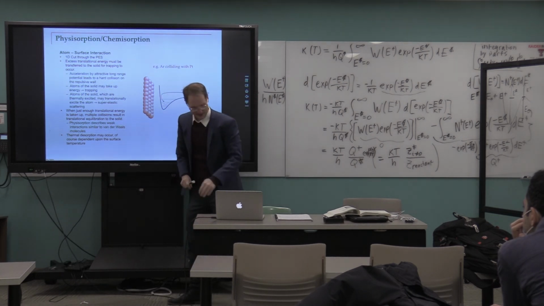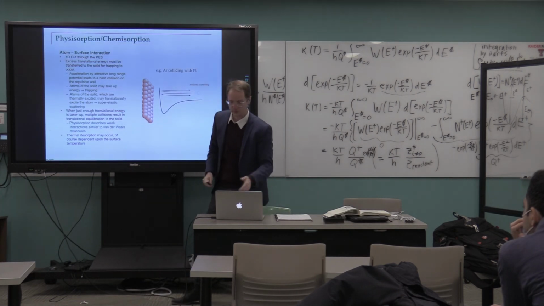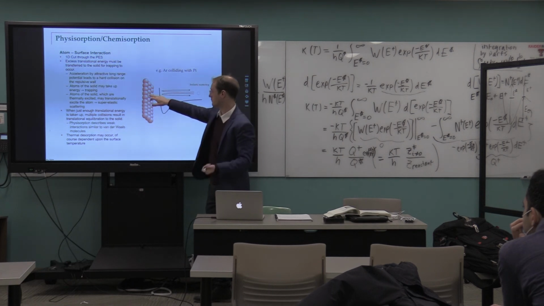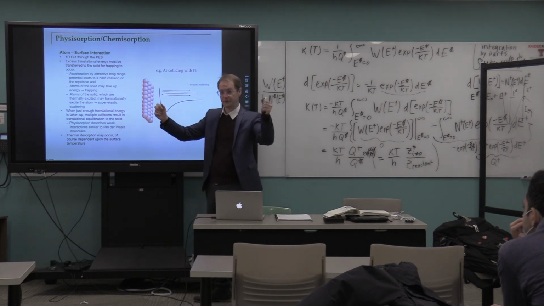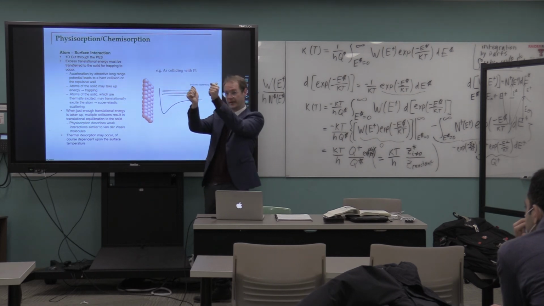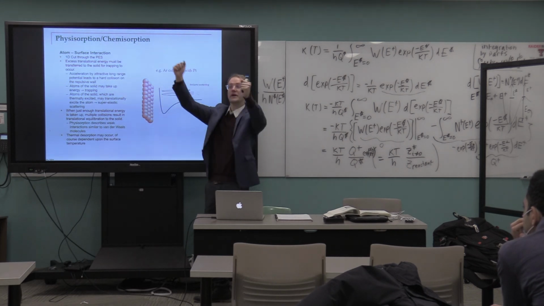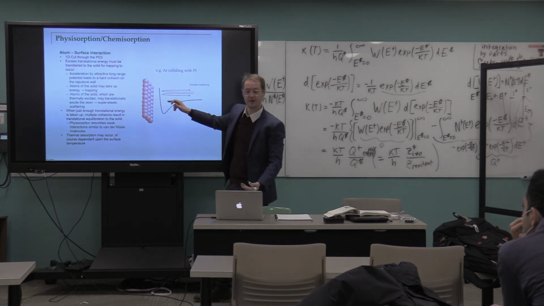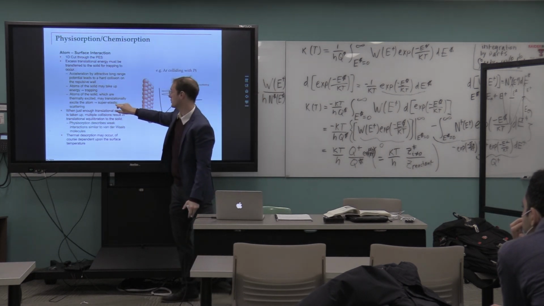Okay? But in general, you could lose energy to the phonons of the surface, or if a surface atom is vibrating at the time that you collide with it, you could also take energy away from the surface atom. You could end up scattering away with more energy than you came in. So that would be called superelastic scattering.